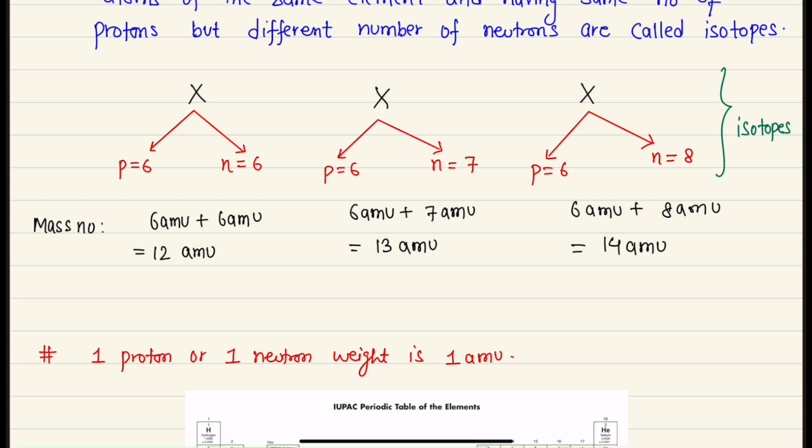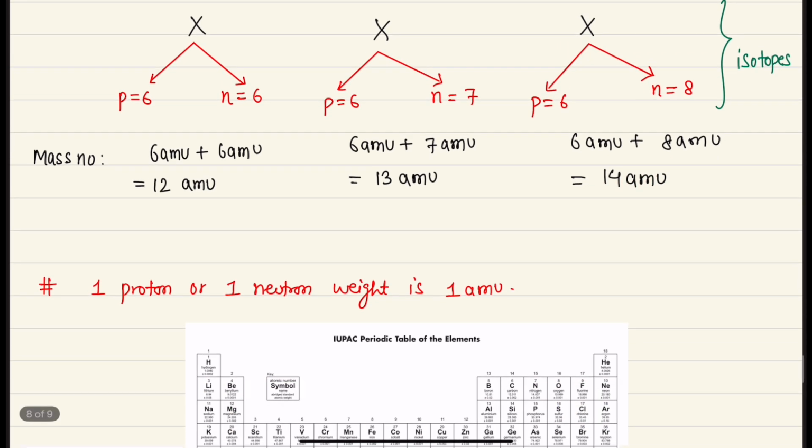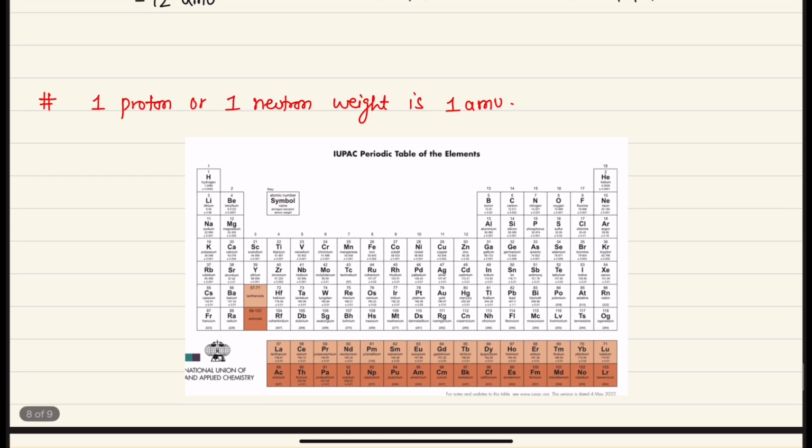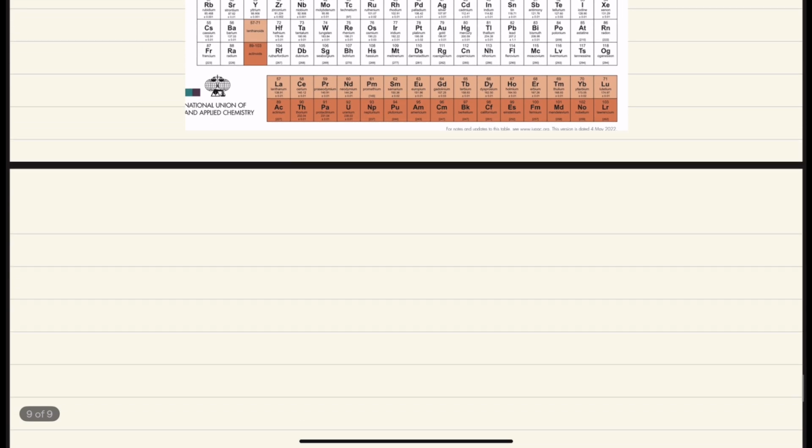It could be an atom having mass number 12, it could be an atom having mass number 13, it could be an atom having mass number 14. Clear? Right. So now see, I will give a very simple example, okay?